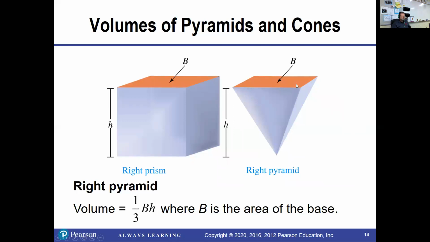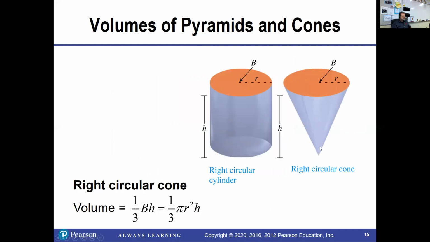Find the area of the base times the height, and times by a third, or divide by 3, however you want to look at it. Okay? Cones the same way. Cones very similar to a cylinder, pi r squared times h, but it's going to be a third of that. So you would find the cylinder, pi r squared h, and divide by 3.